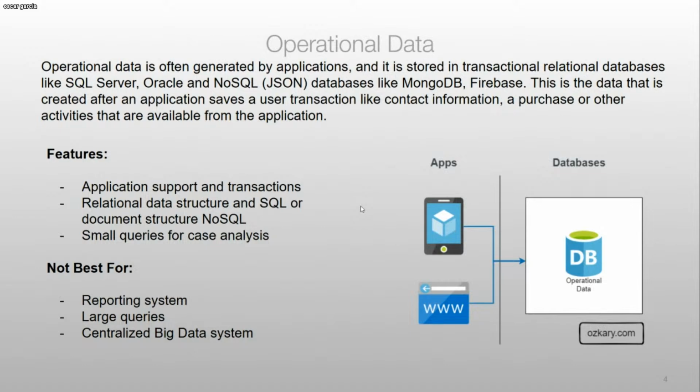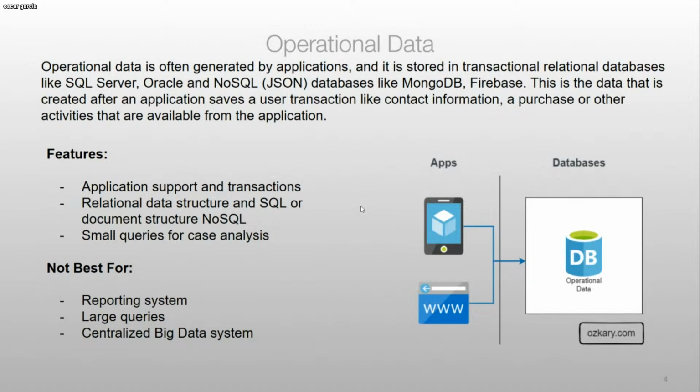Some of the features of these systems, of course, are that they support transactions. They have a relational data structure, which could be SQL or a document structure like JSON documents. If you're not familiar with JSON documents, that is NoSQL technology that enables us to create applications in a not schema-bound approach.